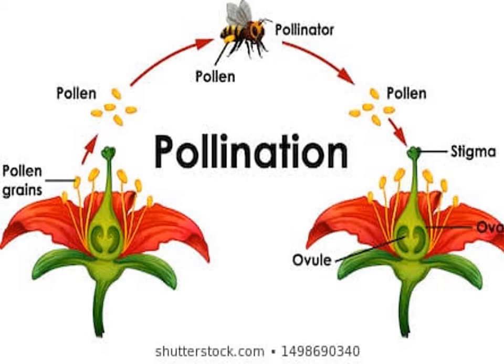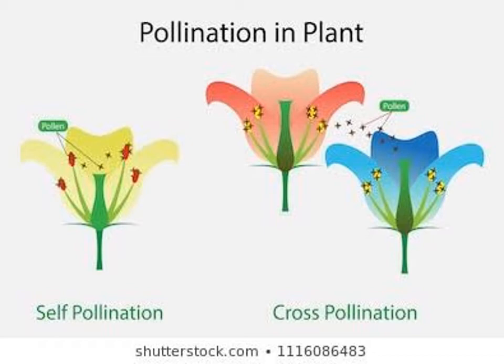So this is very important, self-pollination and cross-pollination. So look at the picture. So the main differences. So look at the picture. So the differences, self-pollination and cross-pollination.